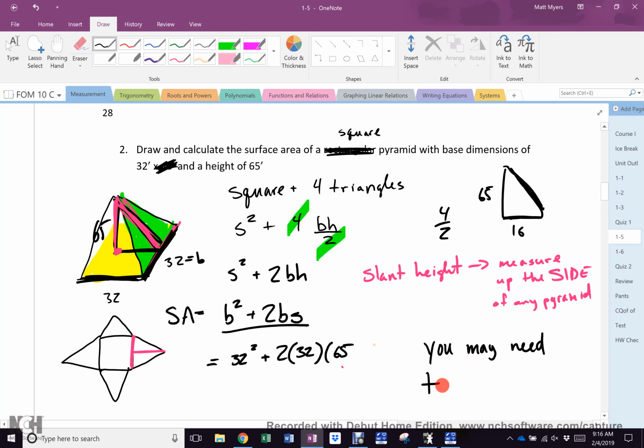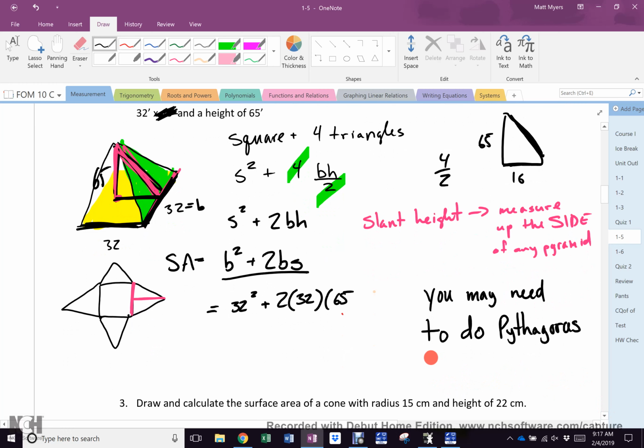Not cubed. No. Right. You may need to do Pythagoras, which you people know as a squared plus b squared equals c squared, to get a slant. Please put a Mrs. Bad Crumble cloud around that.